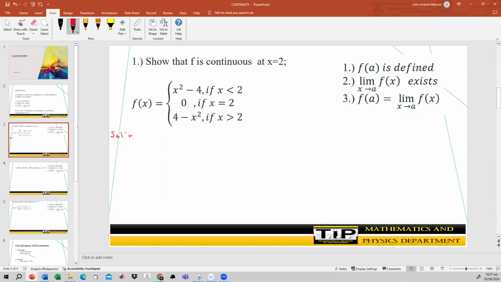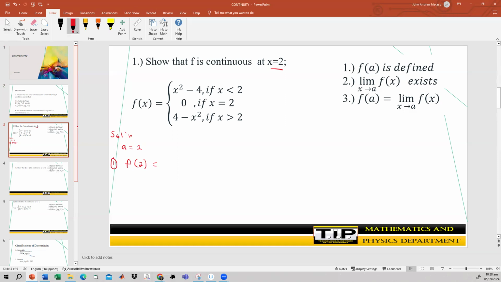So we need to check the first condition. In this case, we have a, which is equal to 2. So we need to check whenever x is equal to 2, what will happen to f of x?